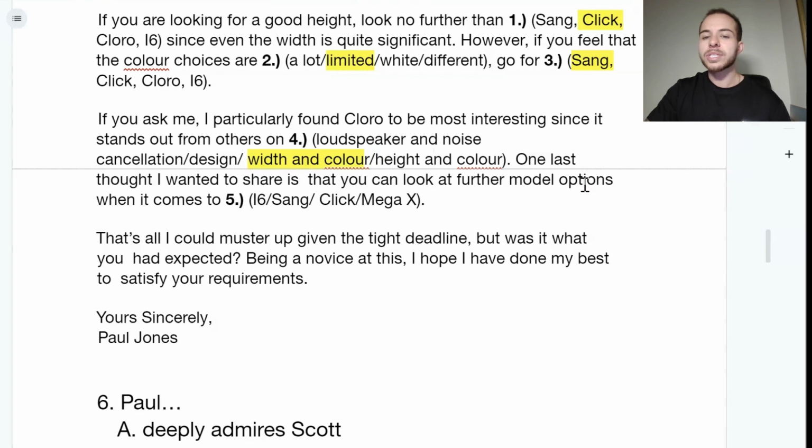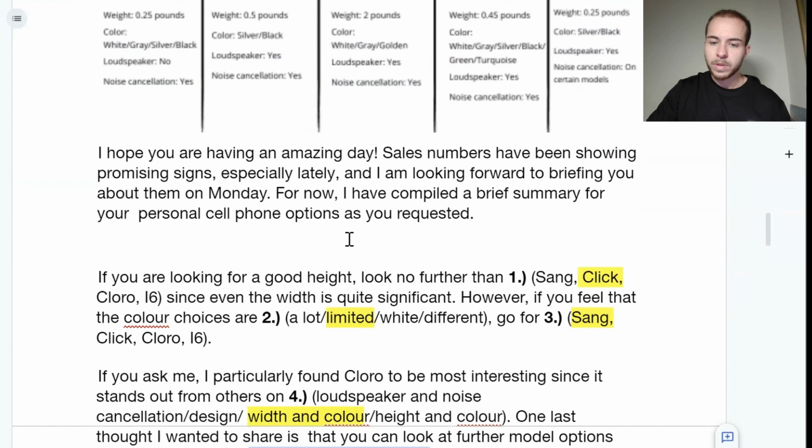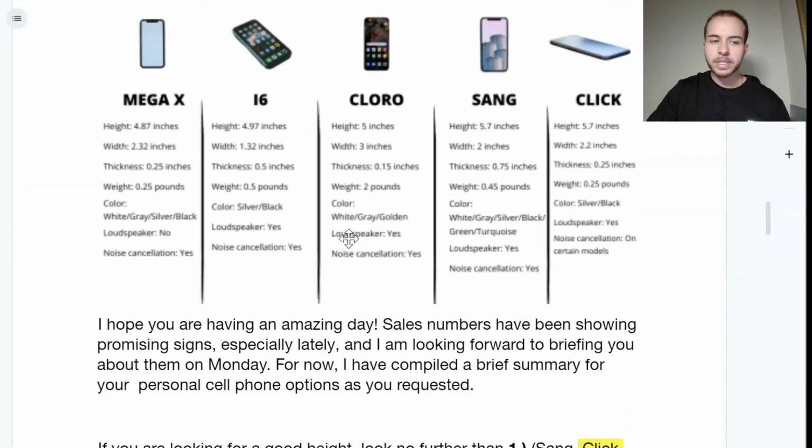One last thought I wanted to share with you is that you can look at the further model options when it comes to which one has more options. So let's see, which one has more options?